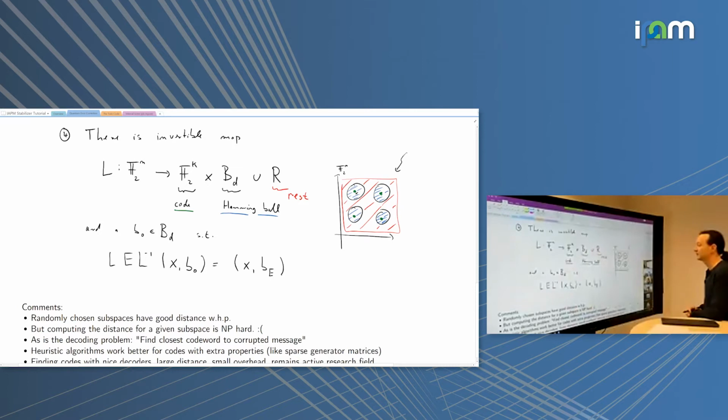So all I'm saying is every point in n bit space that is close to a legal code word will be mapped to something that is close to the same legal code word by an error.